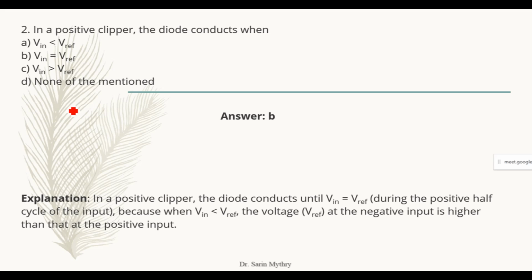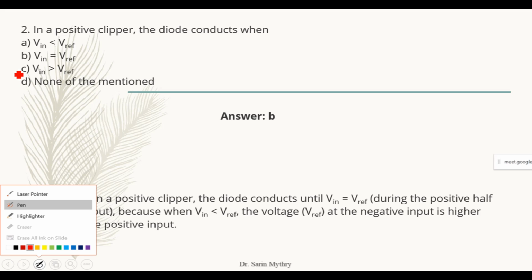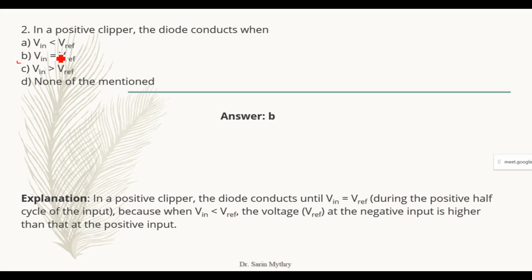That's why the second option is given here. In the second bottom line you can see that whenever V in is lesser than V reference, the positive cycle will be lesser than the negative cycle, so the diode will not be conducting. The diode will be conducting whenever V in is almost equal to V reference. So the second one is the correct one. Whenever V input is equal to V reference, that is your answer.